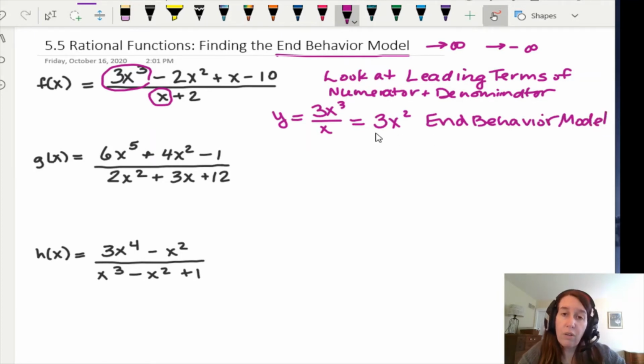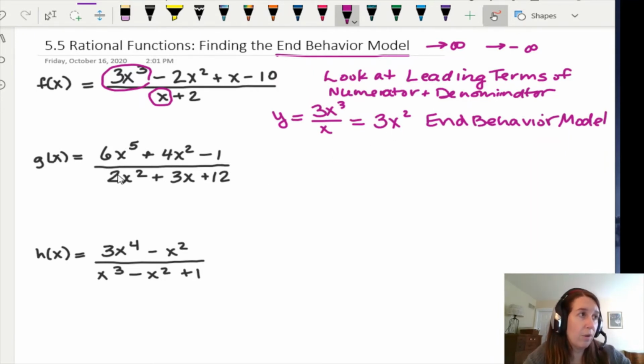In other words, at its ends, this fancy rational function is behaving like a quadratic with a coefficient of 3. That's really all we have to do for these, is find that end behavior model.